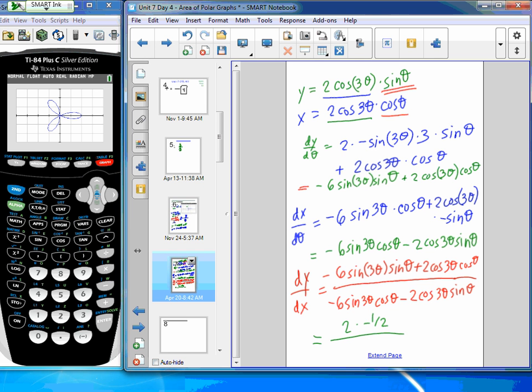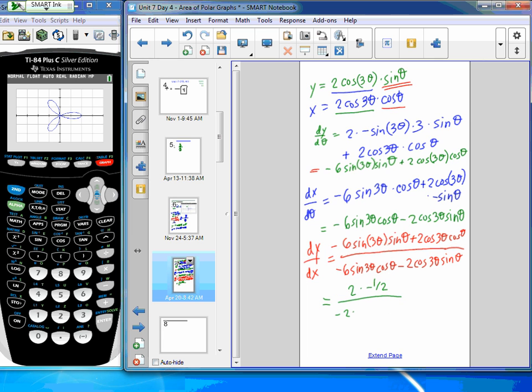The sine of 3 times 2 pi over 3, which is 2 pi, is 0, so this term disappears. And this term becomes negative 2 times the cosine of 2 pi over 3, which is negative 1/2, times the sine of 2 pi over 3. Nope, that's 1, because 3 times 2 pi over 3 is just 2 pi, which is 1.